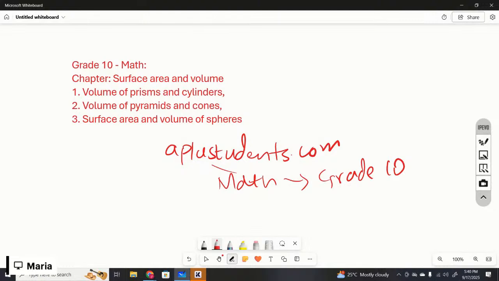So if you need more help with any of the lessons, you can simply click on the live chat button. Tutors are available there to help you, or you can write them down in the chat box.